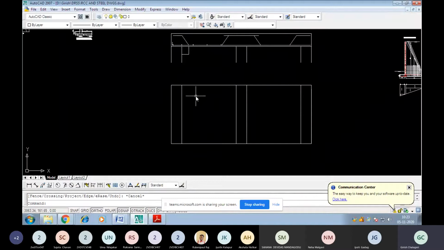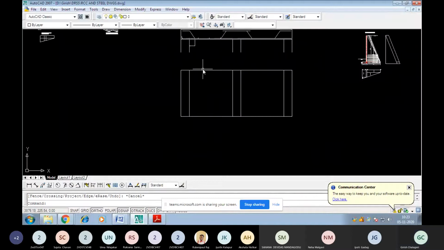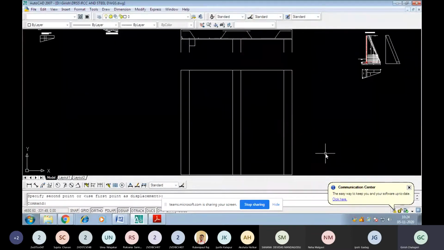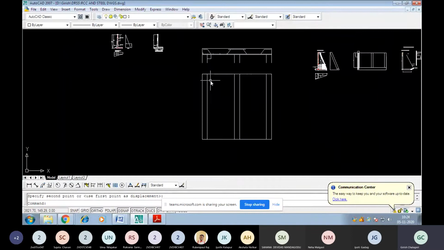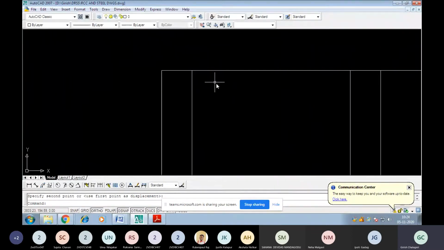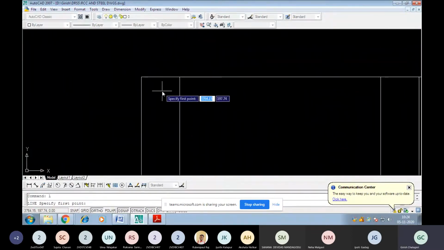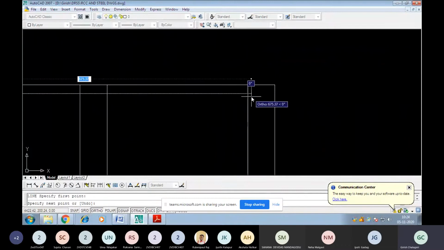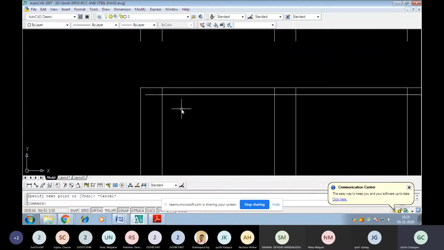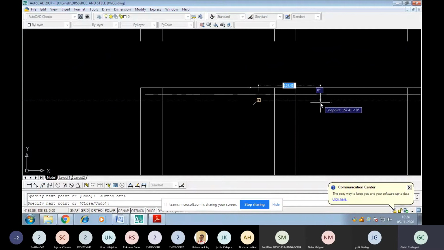So in this, the main bar is on the shorter span, and this is an 8-meter span, I think. If this is 4 meters, this slab will be about 8 meters like this. So this is the plan here. This is 8 meters, this is 4 meters. So what happens? One bar, the bottom bar, will be continued like this. The next bar will be like this. It is curtailed somewhere here, and we get it in this fashion.